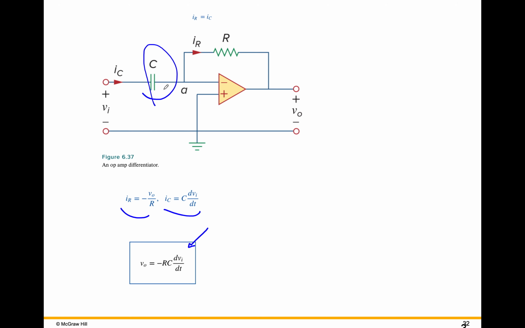You notice in our circuits we're using capacitors and not inductors, so the question is, could you build an integrator and a differentiator with an inductor? And the answer is yes. The inductor would be in the opposite position of where the capacitor is. For the differentiator, the inductor is in the feedback loop and the resistor is in the input loop, and for the integrator, the opposite. That's not commonly done for a couple of reasons.